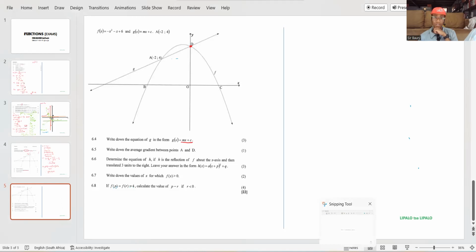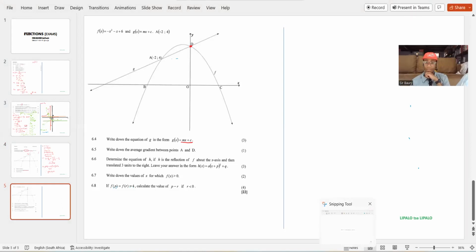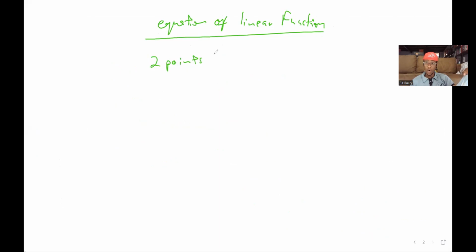You know from your revision when you introduce the functions, to determine the equation of a linear function, or a straight line, you need 2 points, or 1 point and the gradient. That's what you need. So let's look at what we're given here.